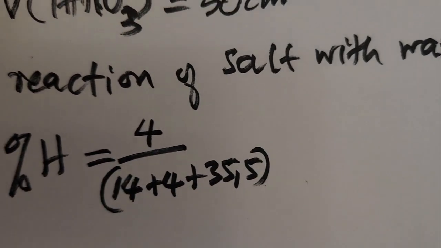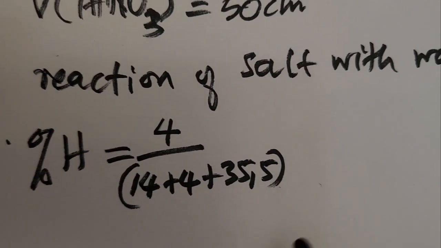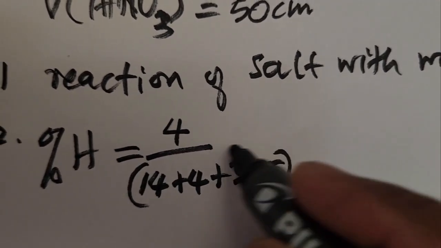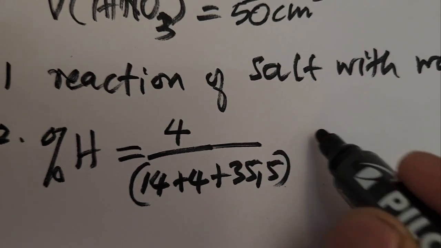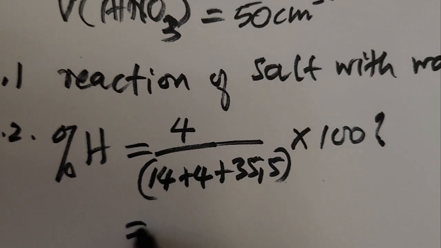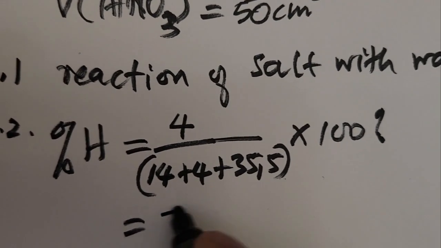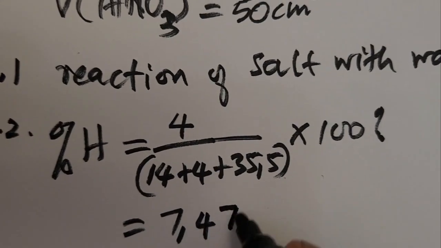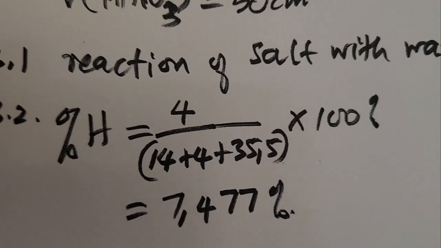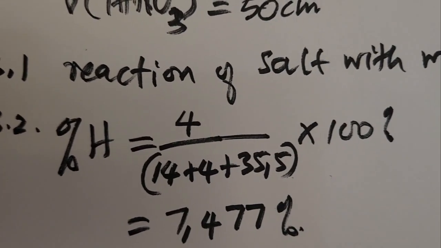So if you add all this, it will give you somewhere around 53.5. So it will give you 4 over 53.5 times 100%. Therefore, the answer will give us something like 7.477%, 7.48%. That is the percentage of hydrogen in ammonium chloride.